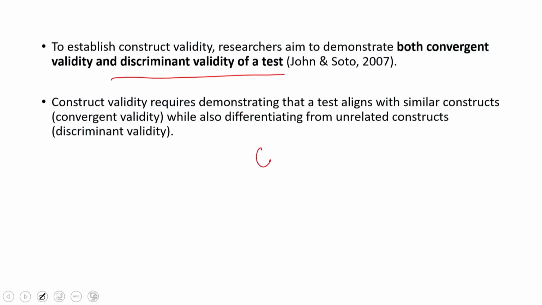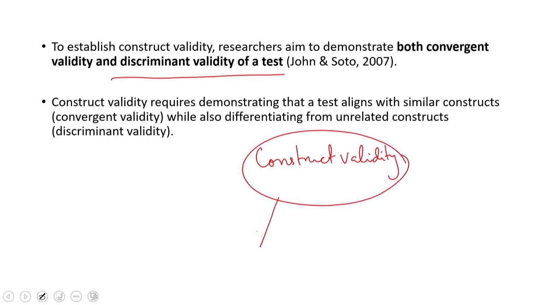So, you have a construct validity. To establish it, how do you establish it, because this is based on a theoretical concept. You have a theory, from there a concept is derived, then you are trying to measure it. How do you measure it?